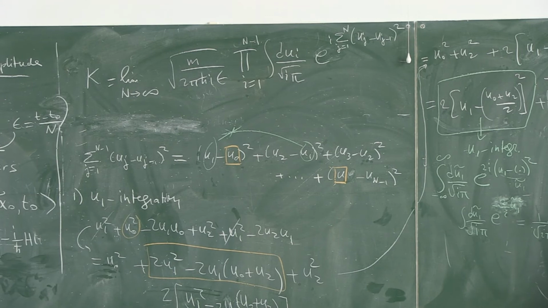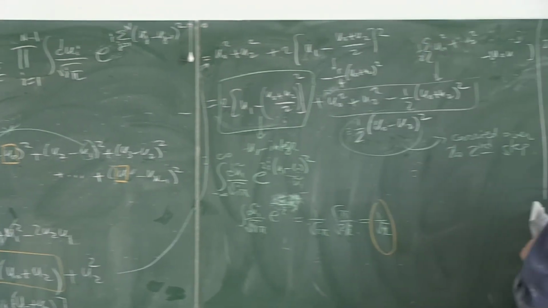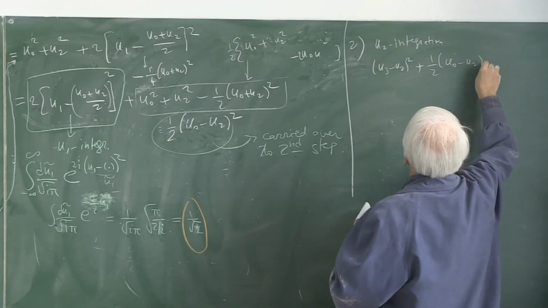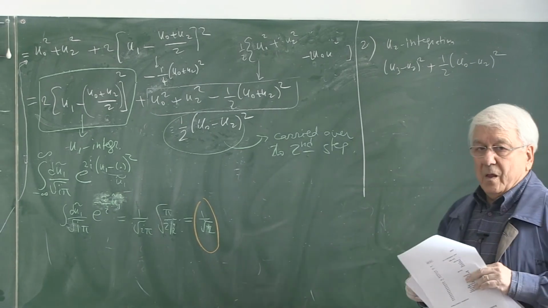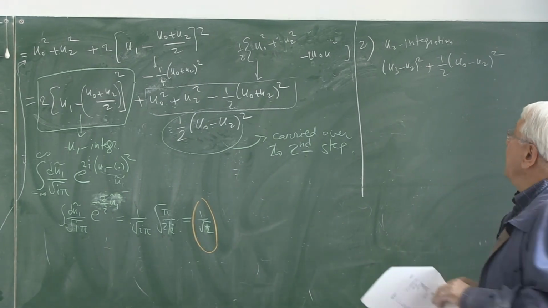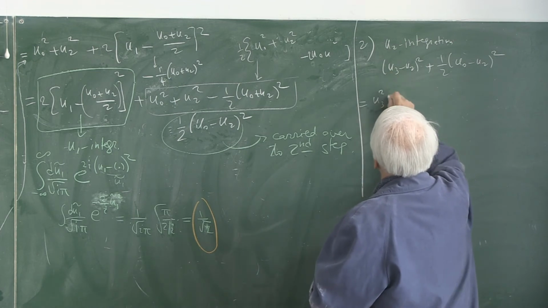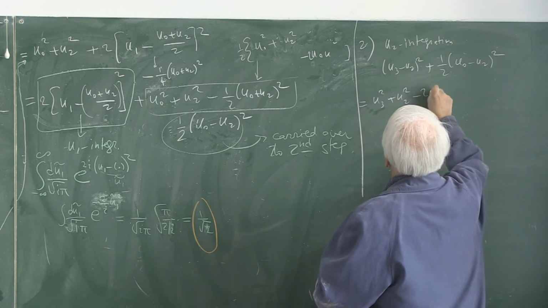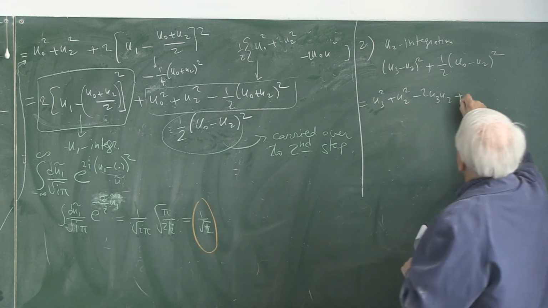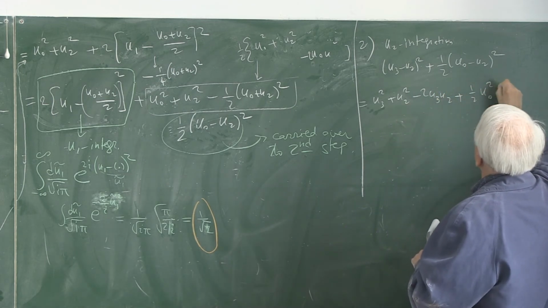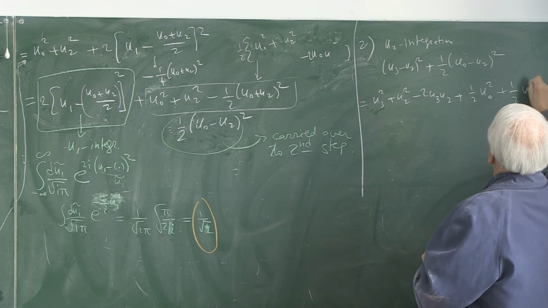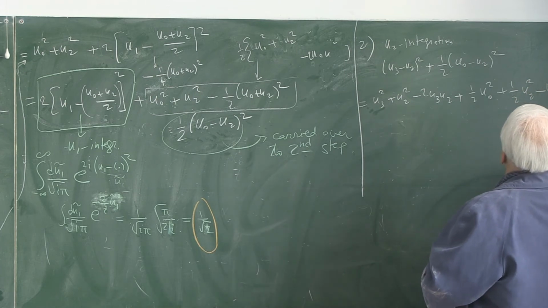There's a new u2 dependent term coming from here, 1 over u0 minus u2 squared. And let me elaborate and combine. This is equal to u3 squared plus u2 squared minus 2 u3 u2 plus 1/2 u0 squared plus 1/2 u2 squared minus u0 u2.